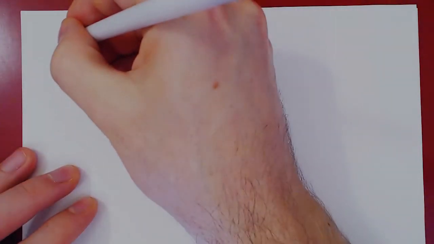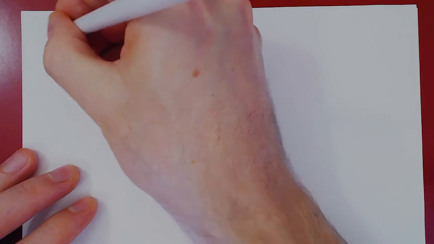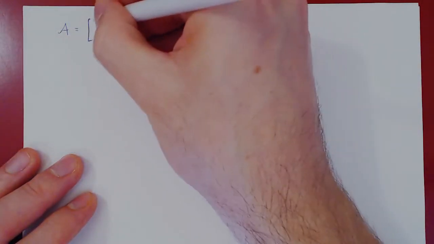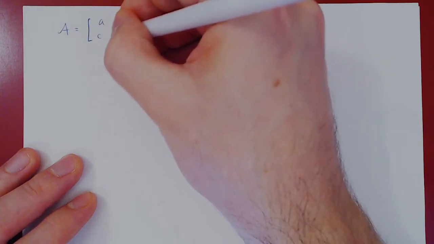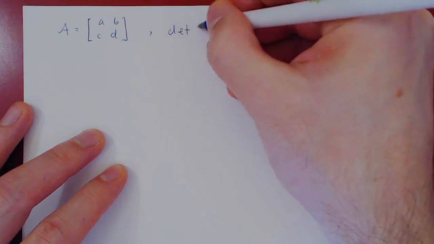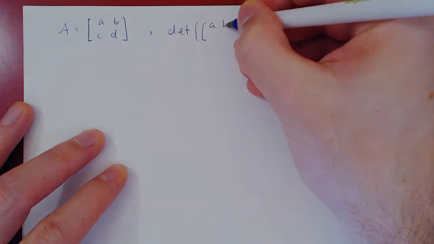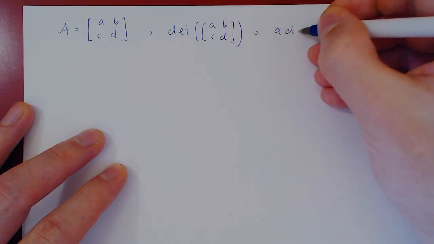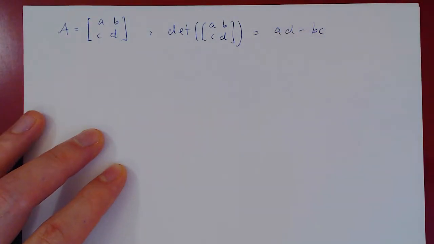We gave an example with a unit square, and the image was a parallelogram. The beauty of this is it works for any other type of region. So suppose that I have a 2 by 2 matrix A, ABCD. And again, we have just derived that the determinant of this matrix is given by AD minus BC.